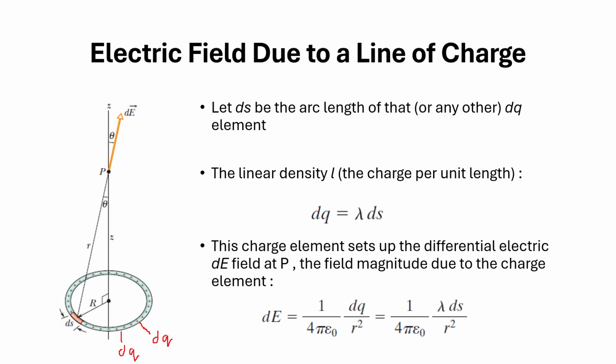So to find the linear charge element, you have the charge element equal to lambda, where lambda is the line charge density, times the arc length ds.